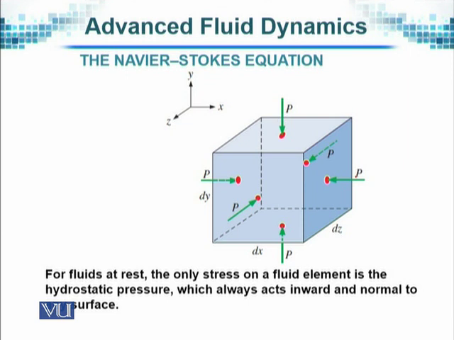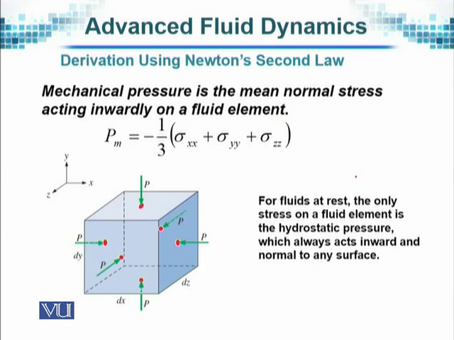And since it is acting inversely, a negative sign appears when we show the term of pressure that is being applied. So for a fluid at rest, the total pressure that is being exerted on the fluid is known as mechanical pressure and is equal to 1/3 of sigma xx plus sigma yy plus sigma zz, where sigma denotes the stress components in the relevant directions.